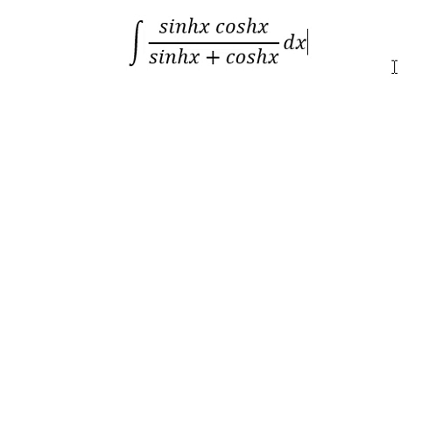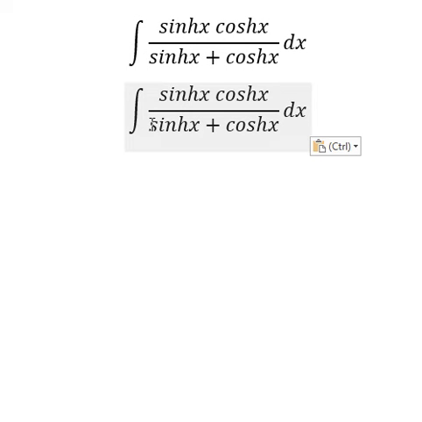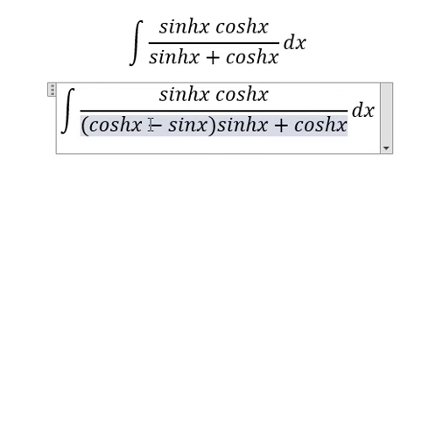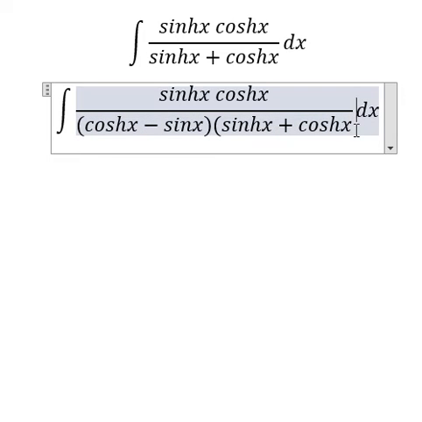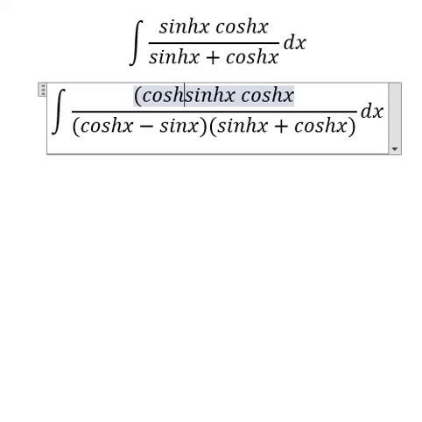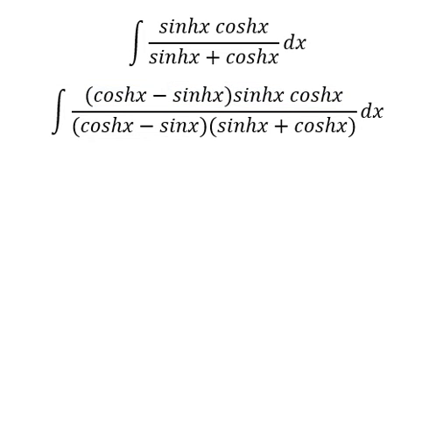So we need to multiply by cos x minus sin x on numerator and denominator. Next, we have the formula in here.